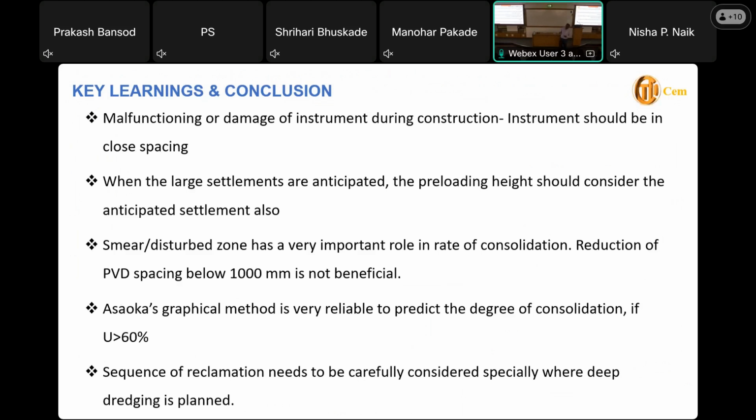Why is that? Because the 50 kPa design load I mentioned is at plus 7. So at plus 7, 50 kPa is a 3 meter height, if you take a density of 17. So 50 kPa at 7 meter, if you put 3 meter, it is 10 meter. What happens after consideration is that 2 meter settlement is anticipated.